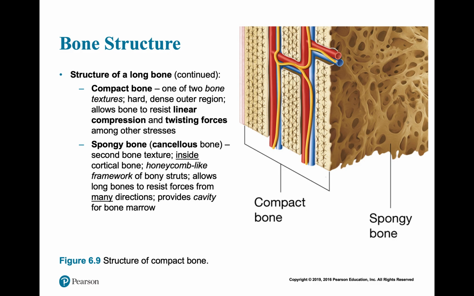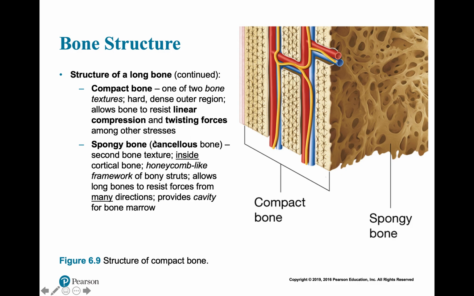And that makes sense because on the outer perimeter of the bone, we want to be able to resist compression and twisting forces. We want it to be compact and hard to resist stresses that the skeleton will encounter, right?